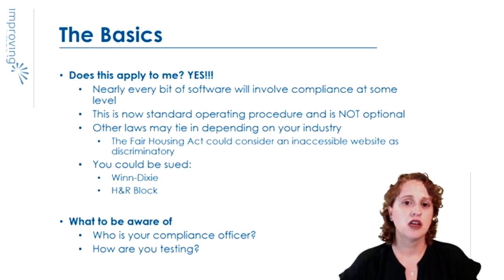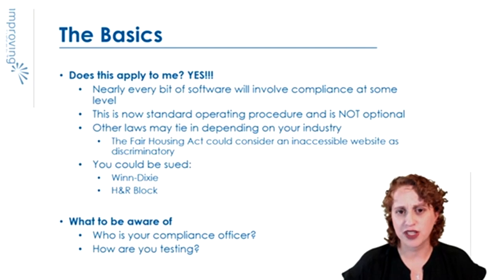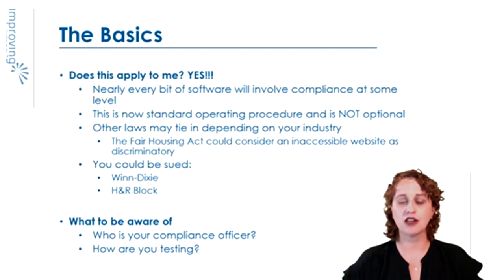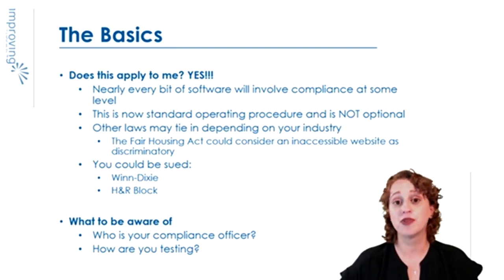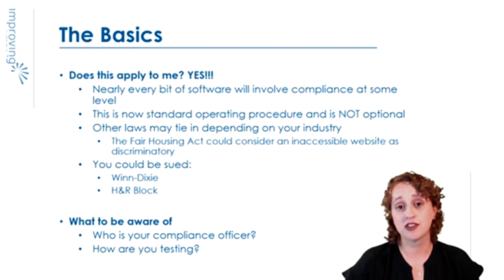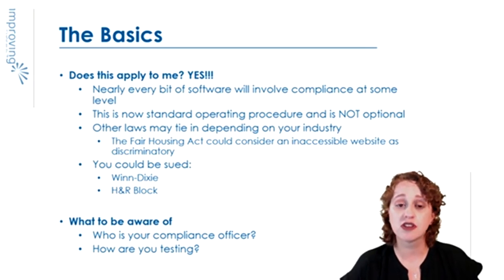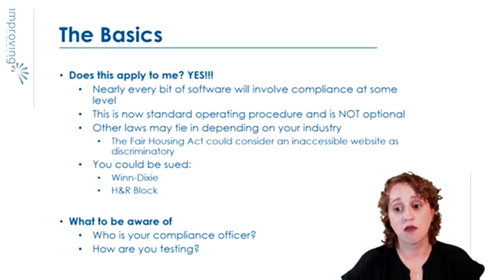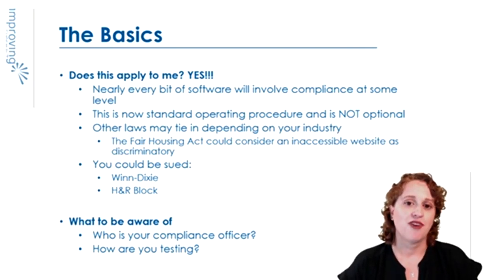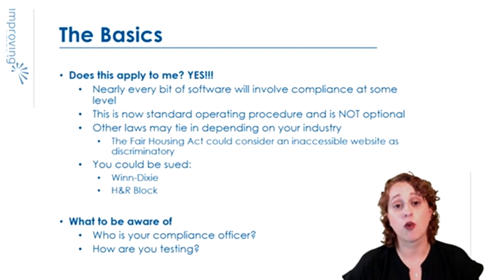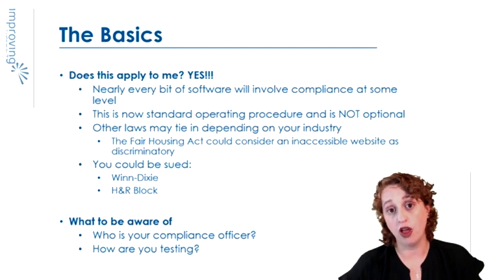Part of that is depending on your industry. There have been some lawsuits in the housing industry. Say you have an apartment rental website. The Fair Housing Act could say that if your site's not accessible, then you are discriminating against impaired users, and you may face some fair housing lawsuits there. Some other kind of famous suits in this arena: Winn-Dixie in 2017 was sued by someone because their website couldn't be navigated by a screen reader, and that user won.